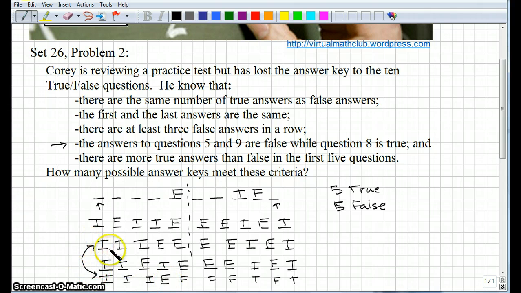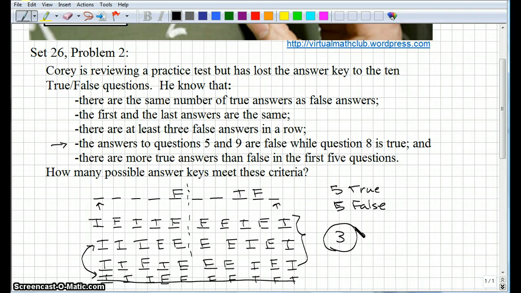We're just looking for the number of unique answer keys, so I'm going to cross this one out because we've already got that one covered. So these are the 3 possible answer keys. The answer is there are only 3.